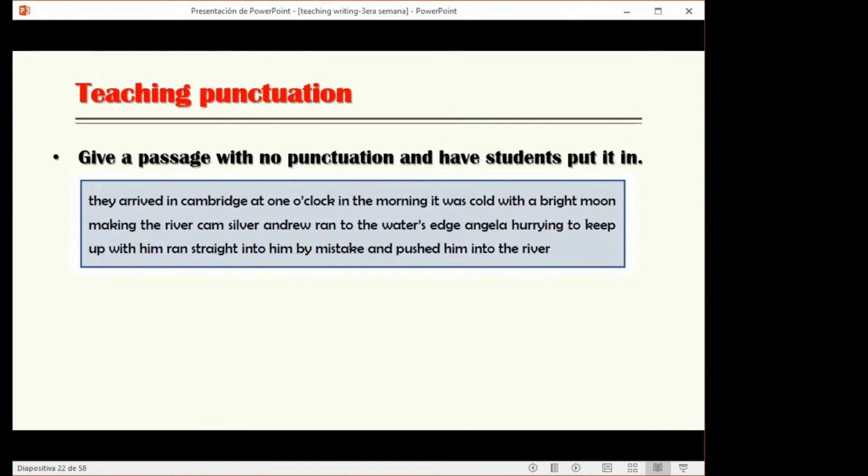Angela, hurrying to keep up with him, ran straight into him by mistake and pushed him into the river. So they are going to start writing the punctuation: capital letters, exclamation marks, periods, full stops, commas, colons, semicolons, or hyphens. For example, they could start like this.